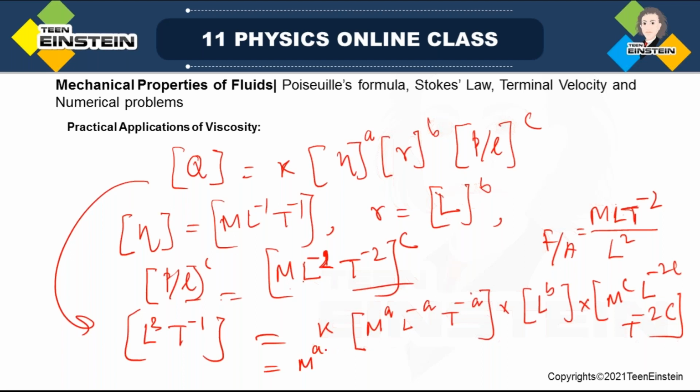For M, it is a plus c. Then we write L. For L, what we get? This is plus a, minus a plus b and minus 2c.